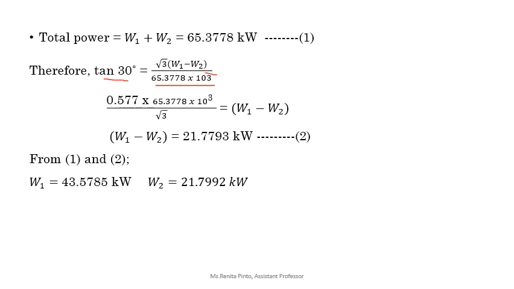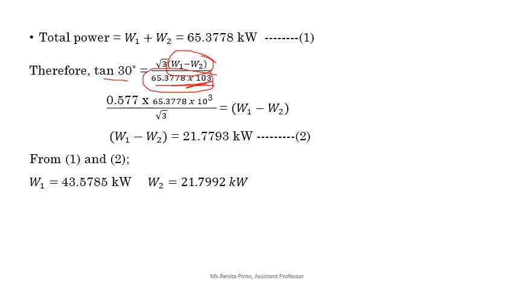Now what is this W1 plus W2? We have already found this out in the previous step. This was nothing but the input to the motor. Input to the motor is nothing but the power, 65.3778 into 10 to the power 3. So substitute and find out what is this W1 minus W2.